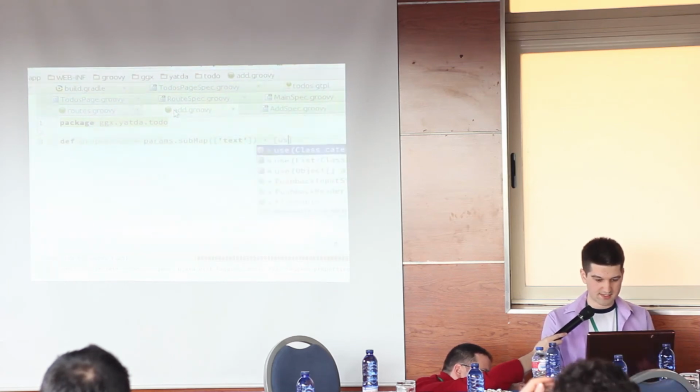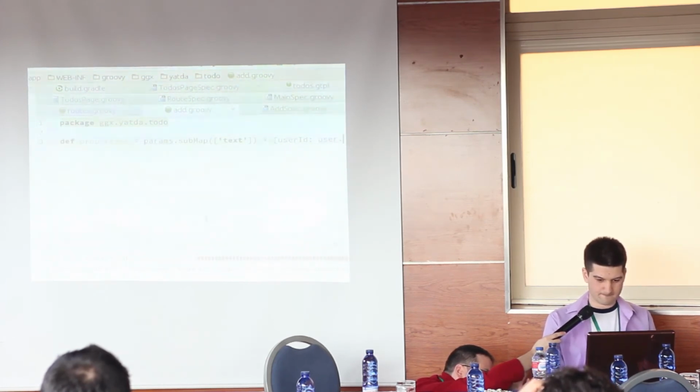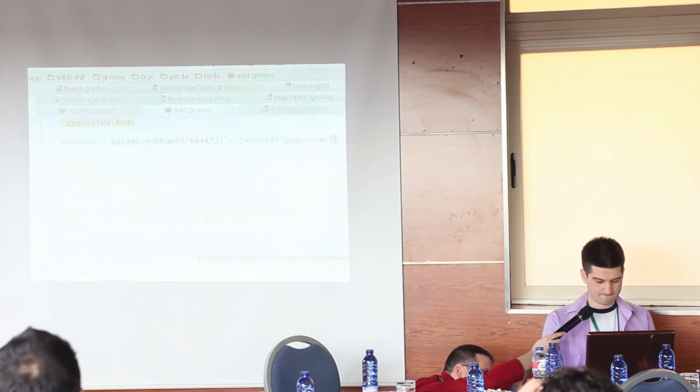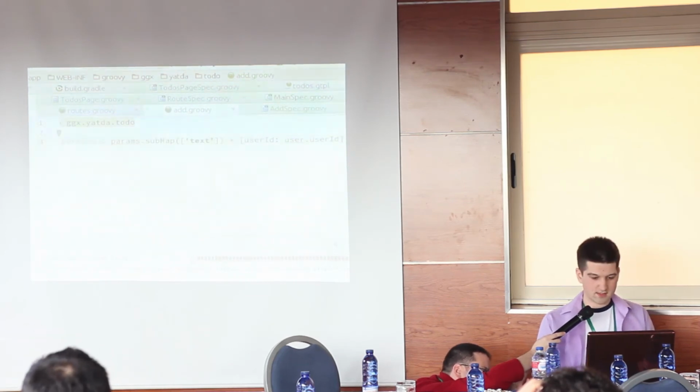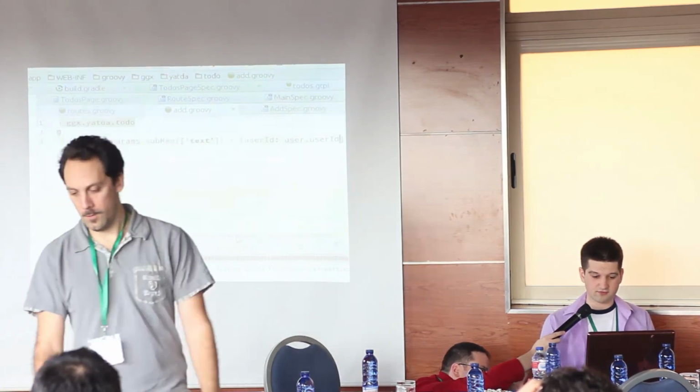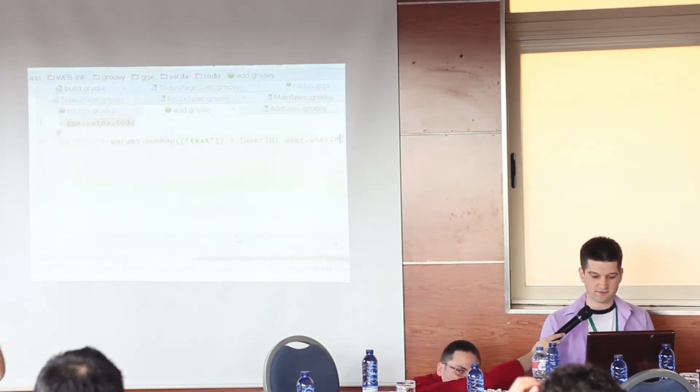And we also want to set the user ID property. Can you still see it? Yes, great. So yeah, we are taking the user available in the binding of the groovlet, and we are extracting the user ID from it and setting it as a property of our new entity.